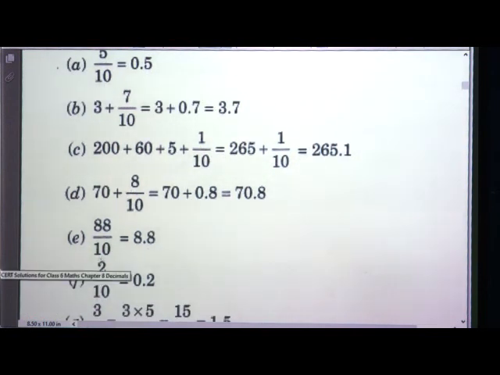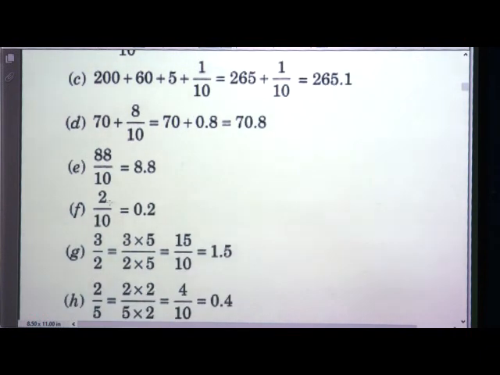88 by 10, we know when we have 88 by 10, the 8 is a whole number, so 8.8. As 8 by 10 is 0.8 and this comes under the whole number. So 80 plus 8 plus 8 by 10, that is 8.8. 2 by 10 can be written as 0.2.